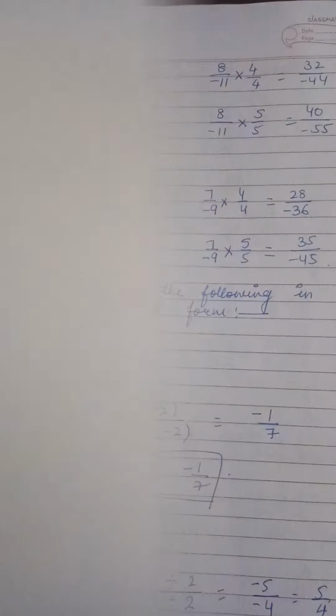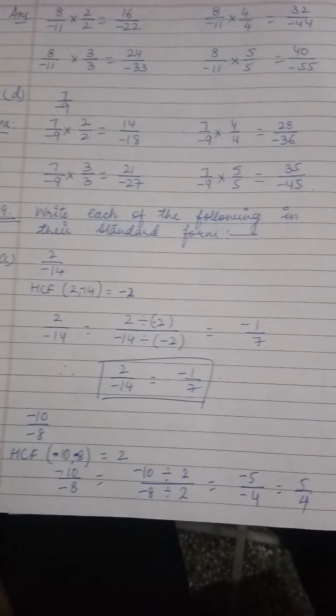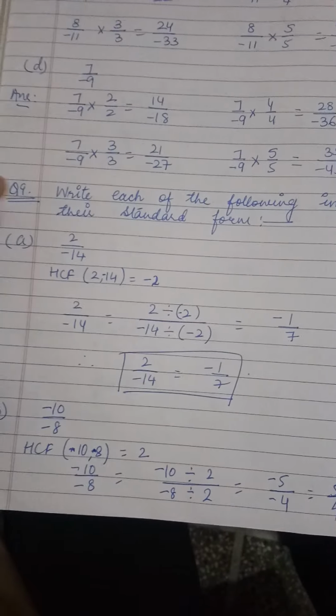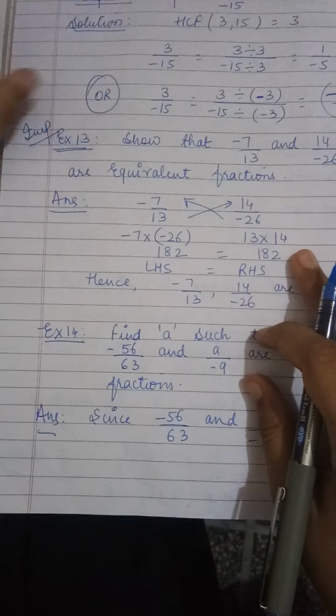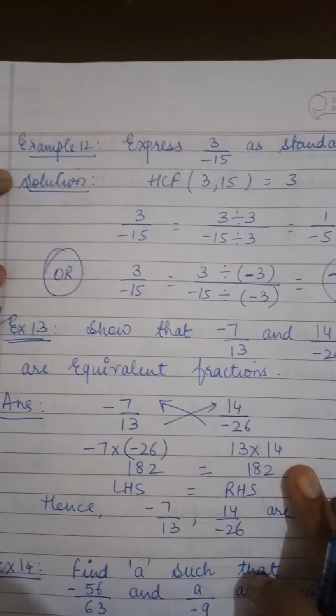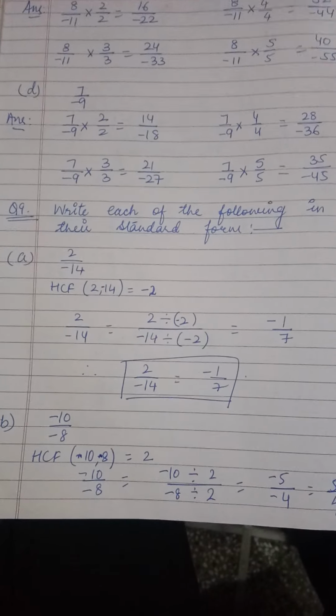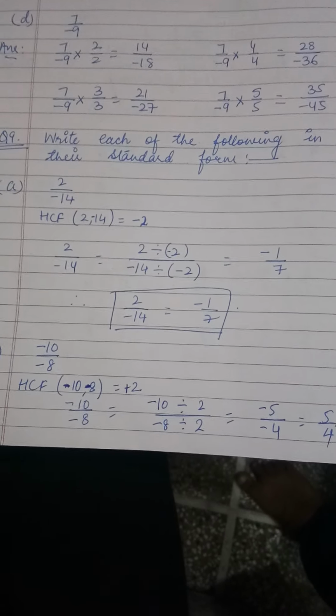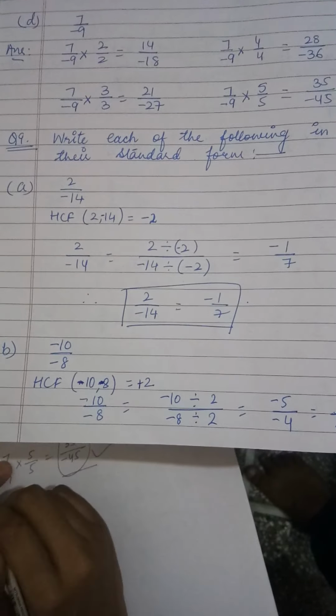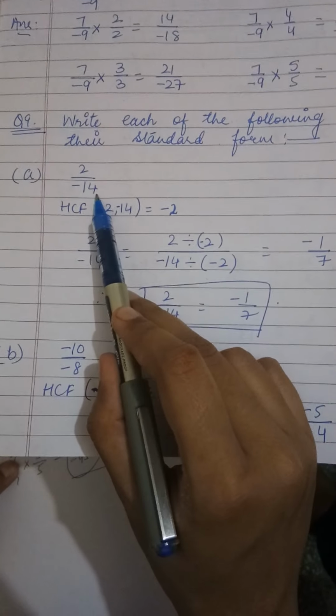Fine. Now let's move to question number 9, in which you have to find the standard form. Now this question number 9 is based on example 12. The way we have done example 12, same way we are going to do question number 9. Now in A part, we have the fraction 2 upon minus 14.